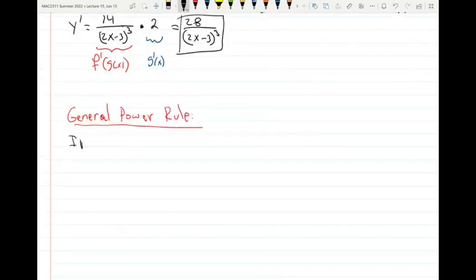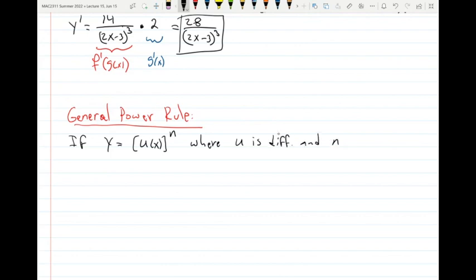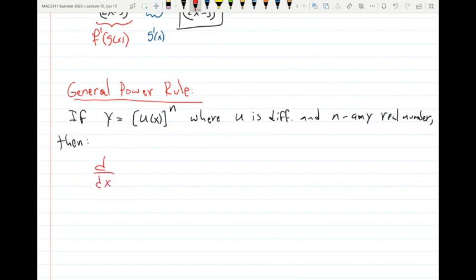Basically it says the following. If y is some function, let's call it u of x, to the n power, where u is differentiable and n is any real number, then the derivative with respect to x of this is n times u to the n minus 1, and then of course times u prime.